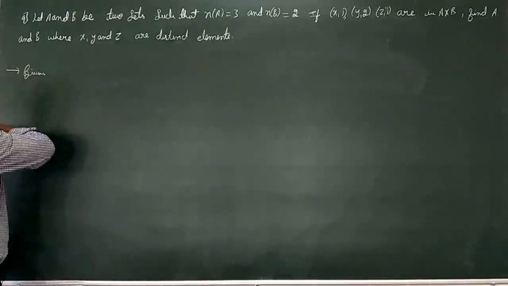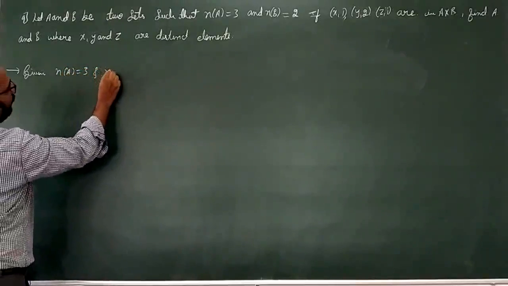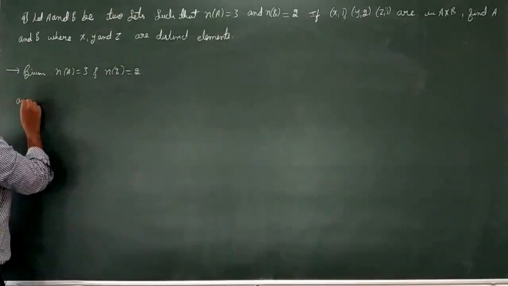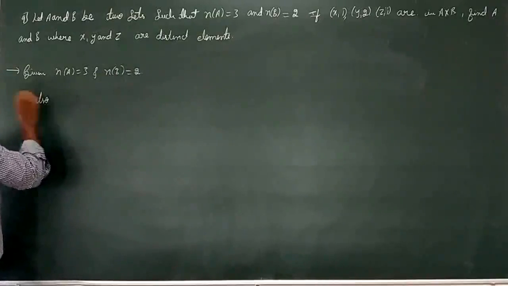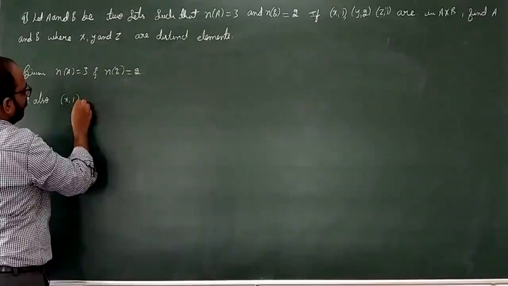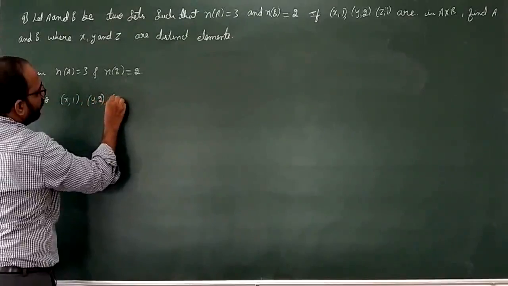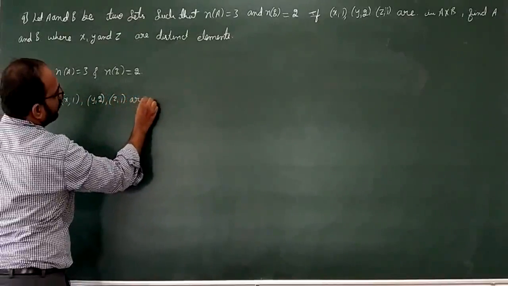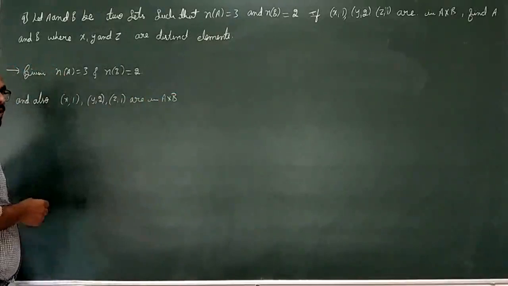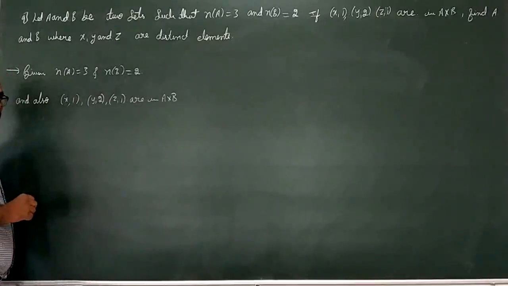Given the number of elements in set A is equal to 3 and the number of elements in set B is equal to 2 and also (x, 1), (y, 2), (z, 1) are in the Cartesian product of A and B. We know that the elements are represented in ordered pairs.